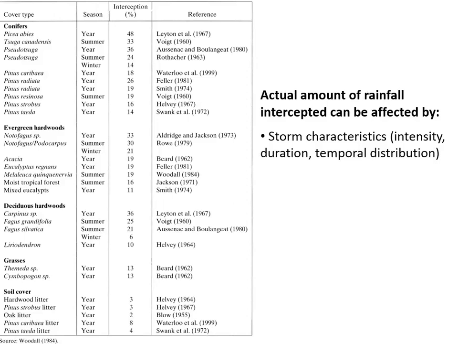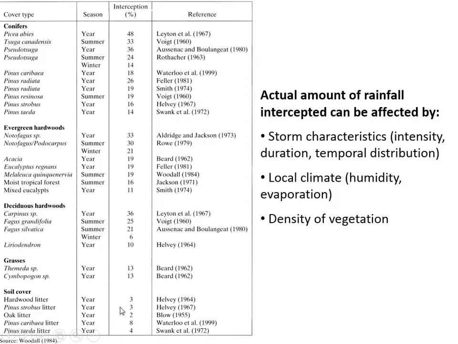So the storm itself can vary the percentage of interception, and so can the local climate. Areas that have extreme humidity conditions, like very dry conditions or very wet, or when there's extremes in evaporation, then these typical values may not quite hold up. And so does the density of the vegetation.